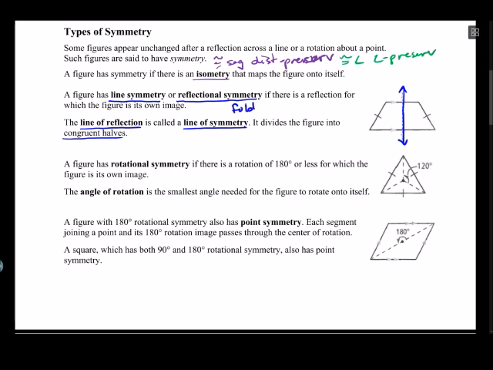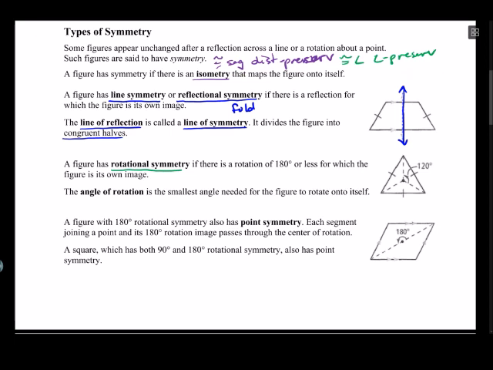So if we fold our trapezoid here across the line of symmetry, it's going to match up left side to right side. But you know that when you're doing a reflection, all points have to be reflected. So the points on the right side also reflect back to the points on the left side. So even though it's a fold, it's kind of a fold both directions.